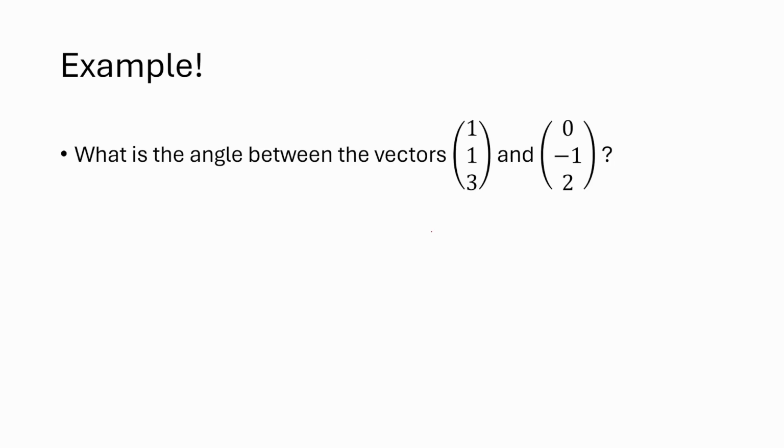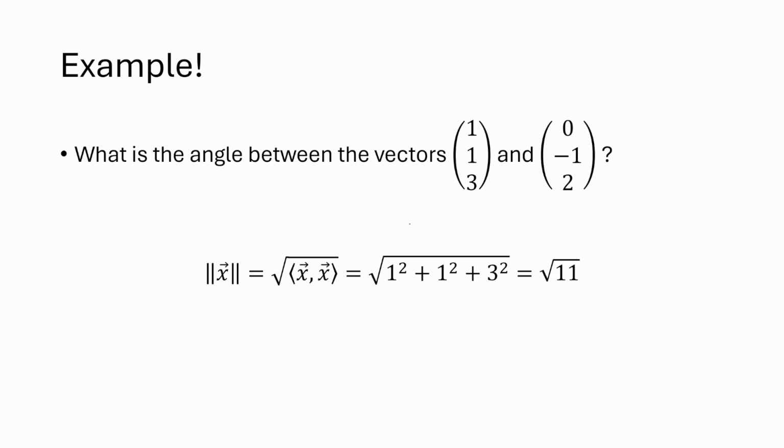Let me show you an example here. We have two vectors in 3 dimensions, and I'm like, what is the angle between these two things? Well, you use the formula. First, we are going to find the magnitude of x. So x dot x, square root. 1 squared plus 1 squared plus 3 squared, the sums of the squares of the individual components, that's the length of that vector.